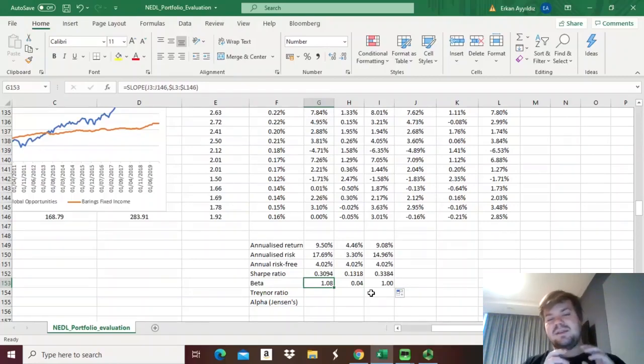Idiosyncratic risk is a portion of portfolio risk that cannot be explained by market movements, and pretty much all portfolios have exposure to idiosyncratic risk in some degree, as perfect diversification is very hard to obtain. The degree of idiosyncratic risk can be evidenced by the correlation between the portfolio returns and the market returns.